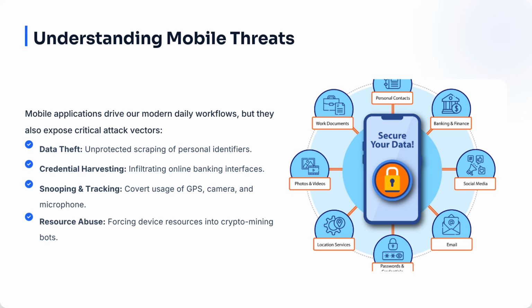Third, we have snooping and tracking. Unknown to you, some apps can activate your GPS, camera, and microphone in the background. And finally, resource abuse. Hackers can hijack your phone's processing power to mine cryptocurrency, slowing down your device and draining your battery life. As you can see, the stakes are incredibly high.